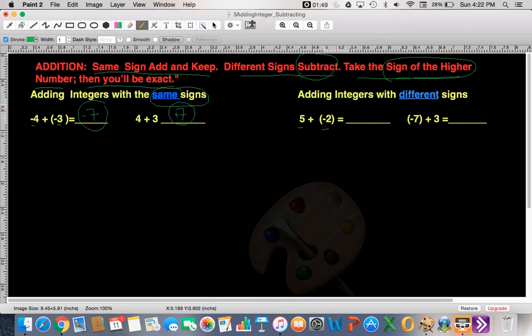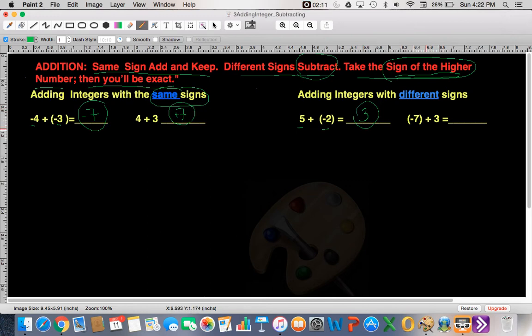Definitely they're different, so you will be subtracting. So it would be 3. Now what would be the symbol? The sign of the higher number. Here the higher number is 5, and what's the sign of 5? It's positive, so it's +3.